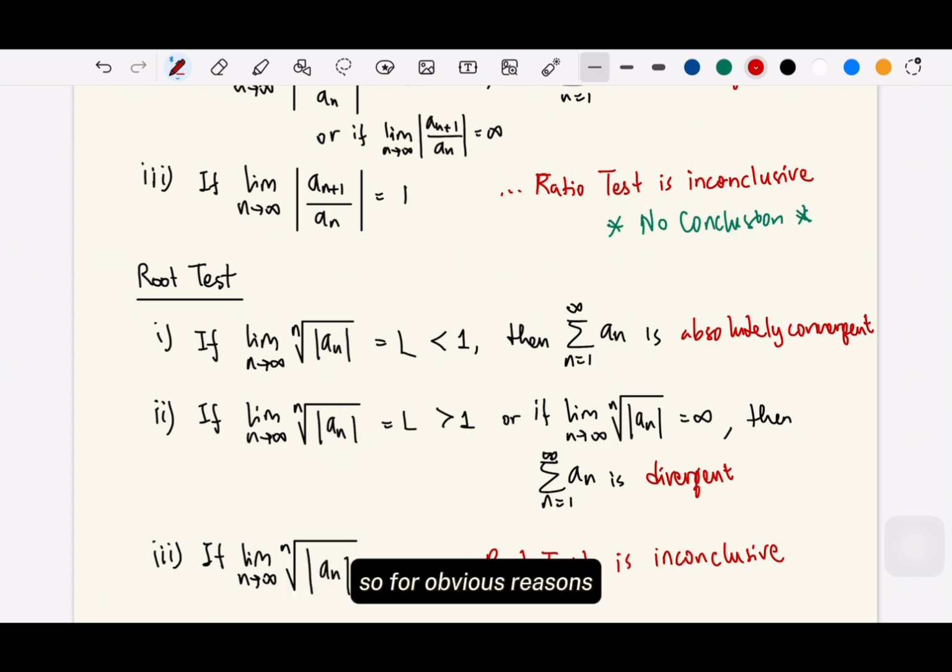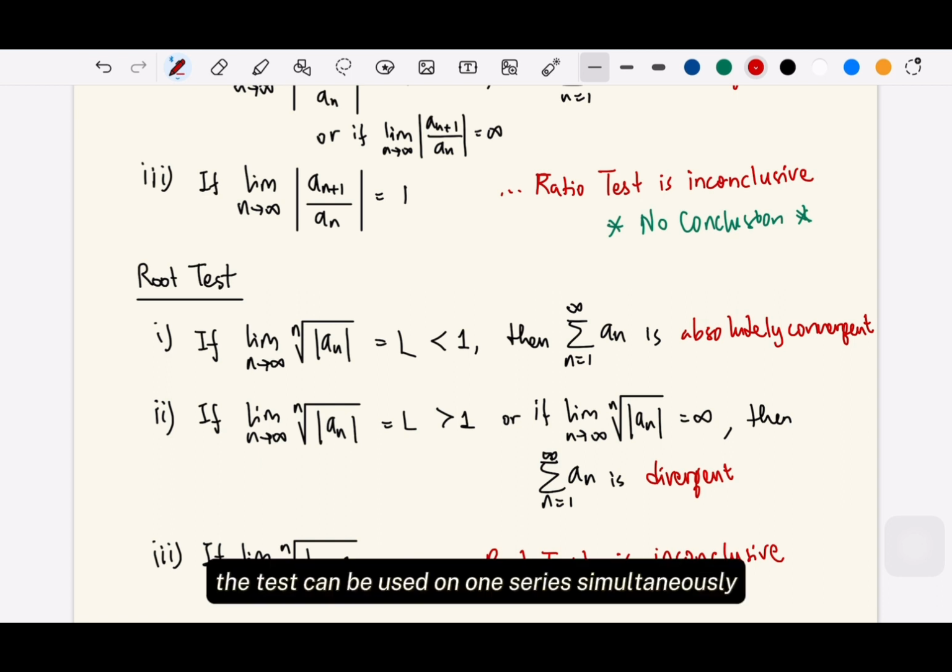So any series that has some power with some number or some expression in n, then you could directly use this. But for some cases, more than one test can be used on one series.